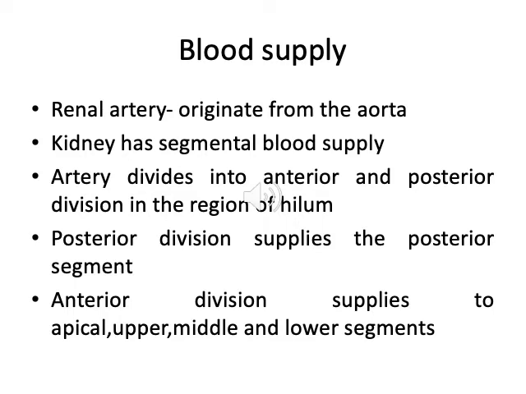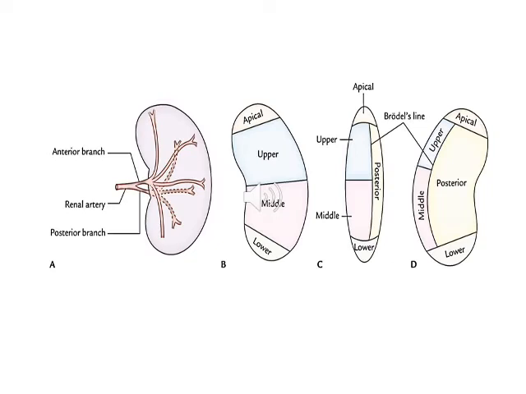The posterior division supplies the posterior segment of the kidney, and the anterior division supplies the apical, upper, middle and lower segments of the kidney. Here you can see the renal artery is divided into anterior and posterior branches. The posterior division supplies the posterior segment of the kidney, and the other part of the kidney is supplied by the anterior division of the renal artery.